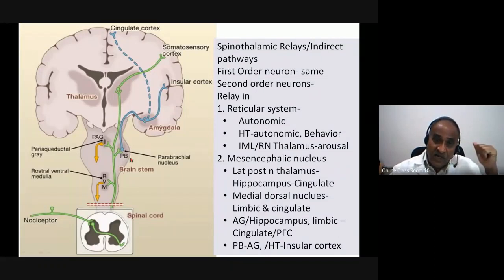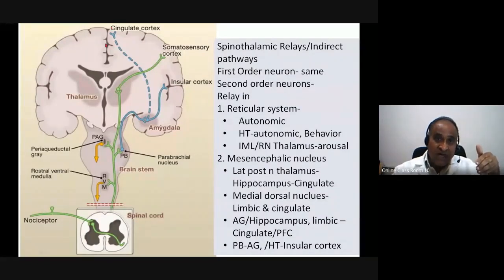Then we have another thing, the parabrachial nucleus. This parabrachial nucleus is connected with the amygdala of the limbic system. Now from the amygdala, it will activate the insular cortex. That is one other cortex that would look at the details, especially the affective details of the particular sensation.